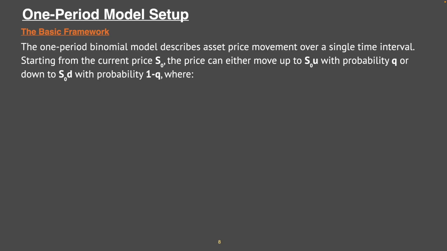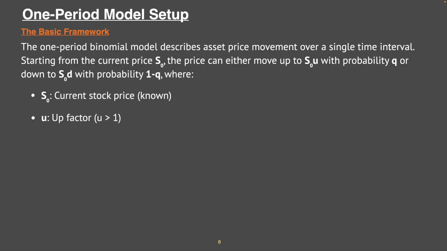We should know that the probability of up move q plus the probability of down move 1 minus q will always equal 1. Probability of up move plus probability of down move should always equal 1. So S0 is the current stock price, u is the up factor.